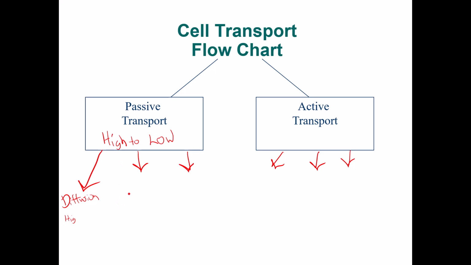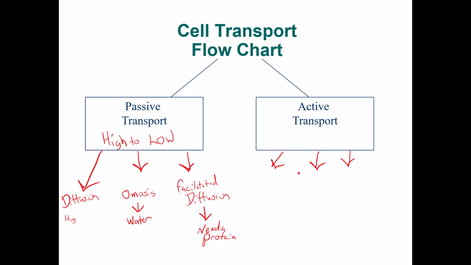You have diffusion, you have osmosis, and then you have facilitated diffusion. All right, so osmosis, high to low, but it is only referring to water. And facilitated diffusion is high to low, but it needs a protein. Okay. Things like ions and things like that.